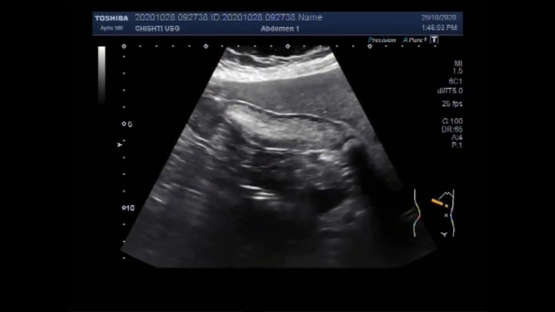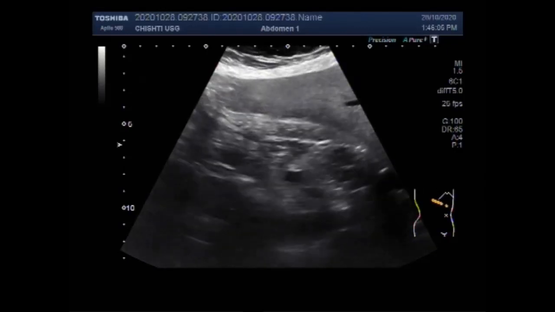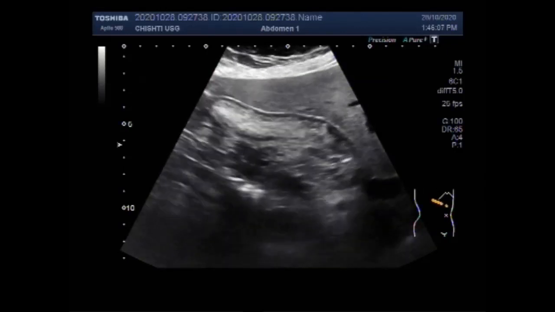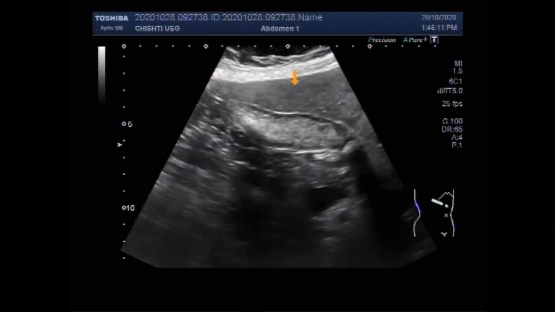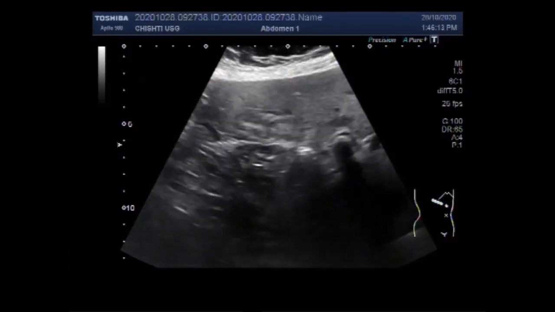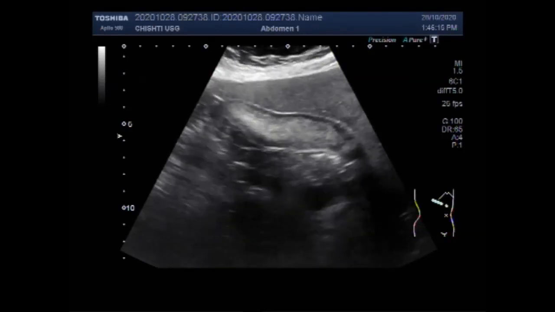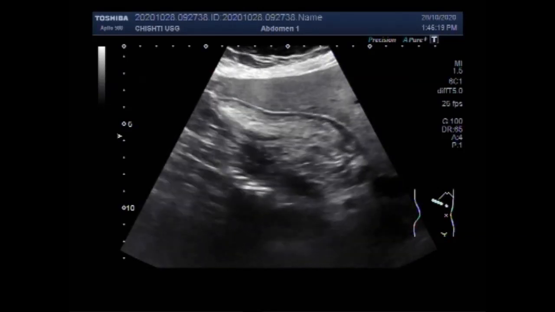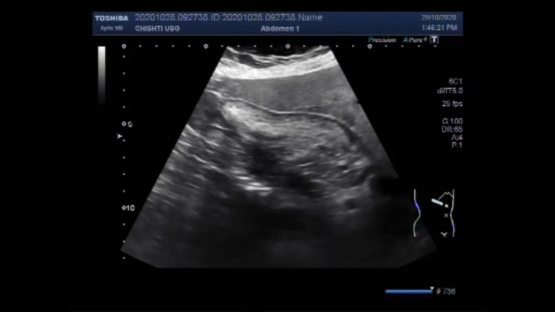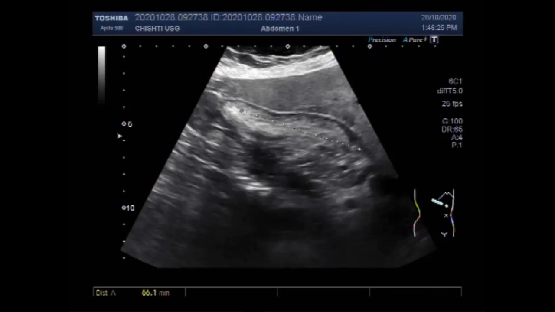As you can see in this case, due to the large stone impacted in the infundibulum of the gallbladder, there is blockage of the bile flow. Ultrasound is the most common test performed to evaluate gallbladder abnormalities.